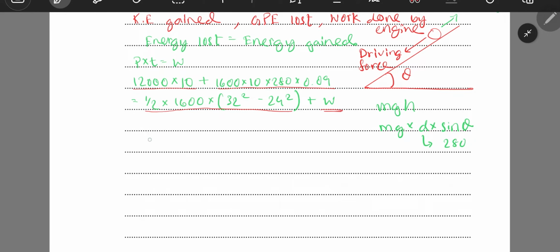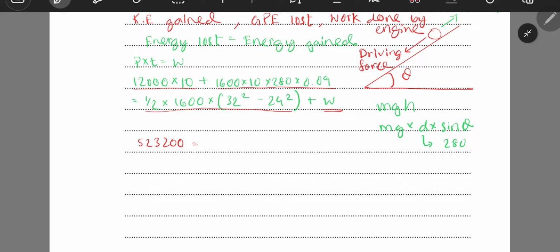So now let's just simplify and solve for W. So for the left hand side, it's 12,000 times 10 plus 1600 times 10 times 280 times 0.09. So that's 523,200 equals half mv square.